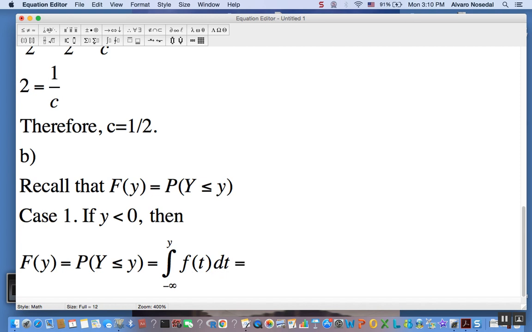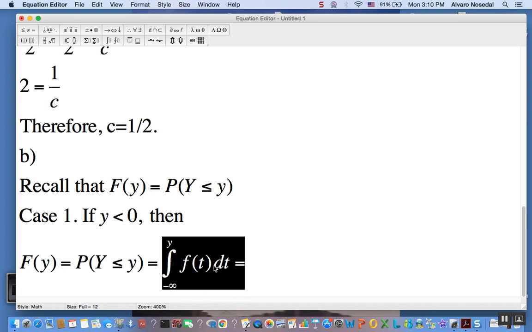That's the way that you would find the probability of being less than or equal to y. Before, when we had a discrete random variable, it would be the sum up to that point. In this case, we no longer have a sum. We have the integral of all values to the left of this guy. So this guy is the upper limit of that integral, and then here we have the expression of the PDF.